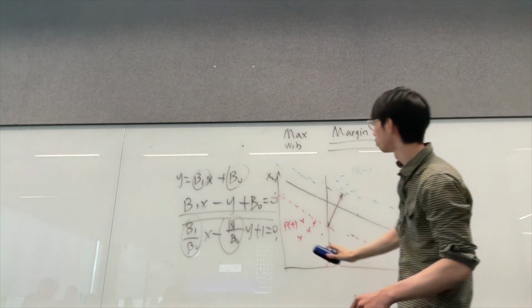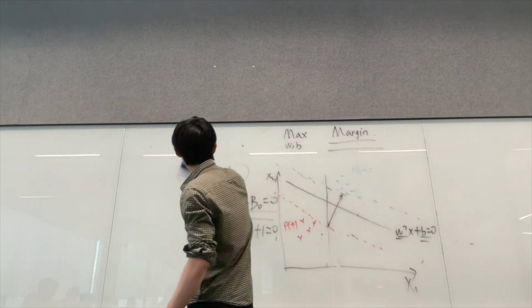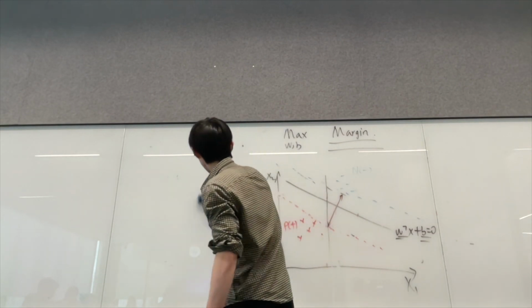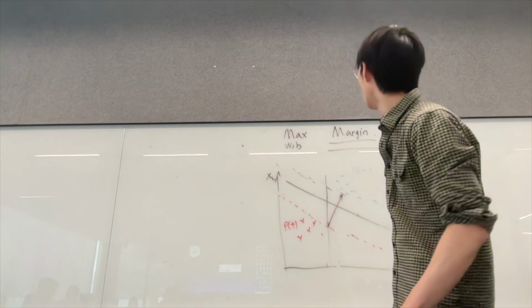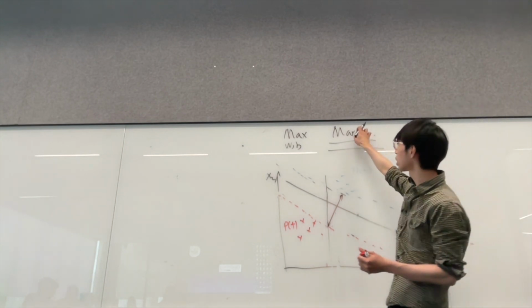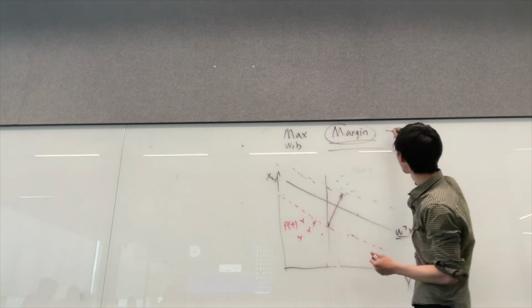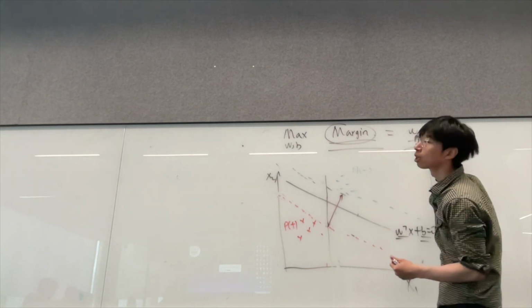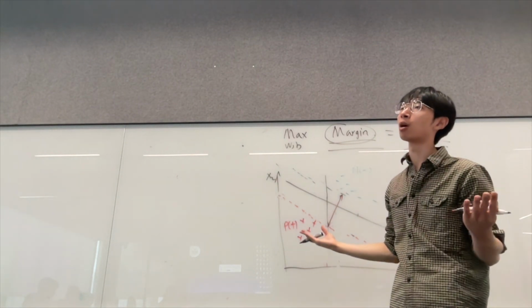Okay, so let's do it. What's the goal here? If we make this margin into a function of W and B, then it's solved. Why?